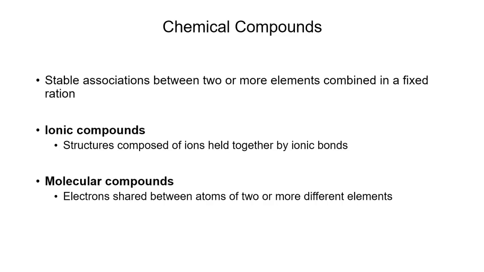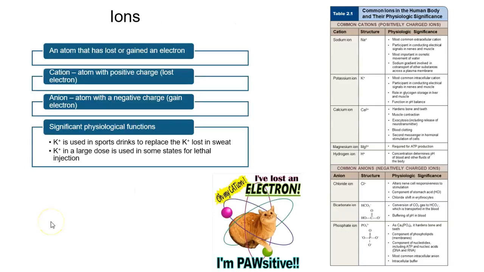Molecular compounds are formed when two or more atoms of different elements share electrons. So it's not one atom giving up and another atom taking an electron. It's sharing those electrons. An atom that has gained or lost an electron is called an ion.